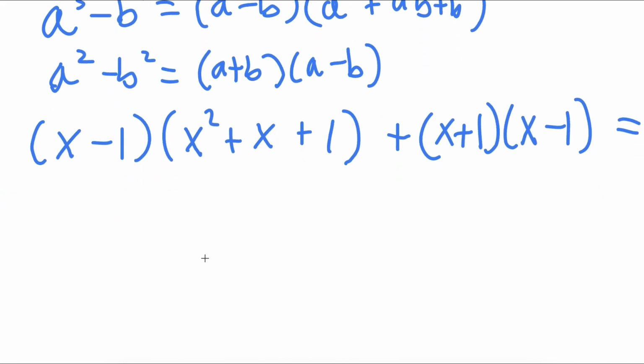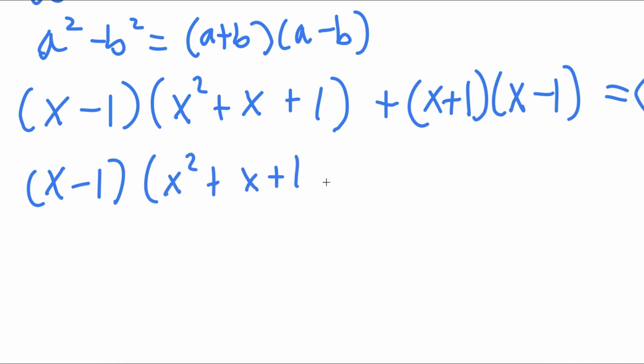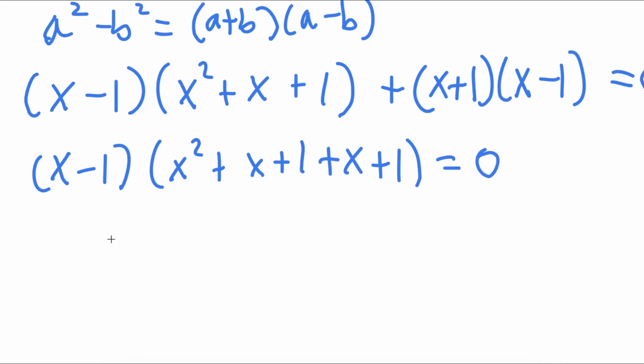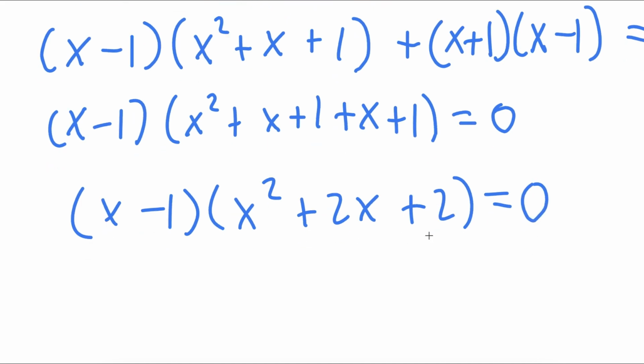So now, if I factor out x minus 1, I get x minus 1 times x squared plus x plus 1 plus x plus 1 is equal to 0. And if I simplify, I get x minus 1 times x squared plus 2x plus 2 is equal to 0.